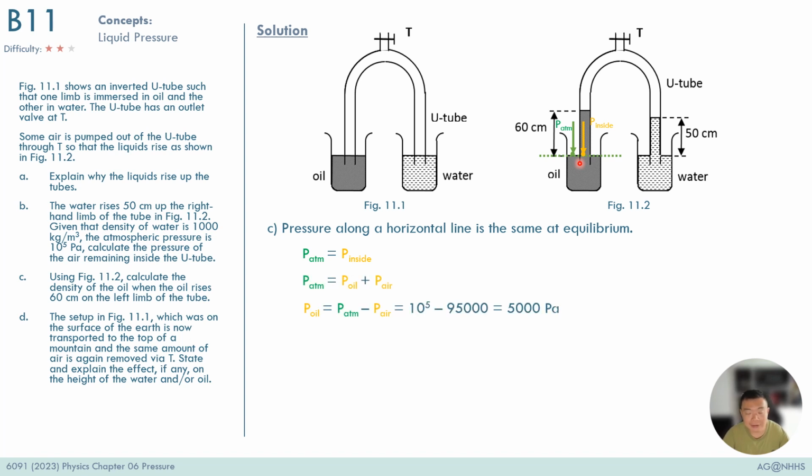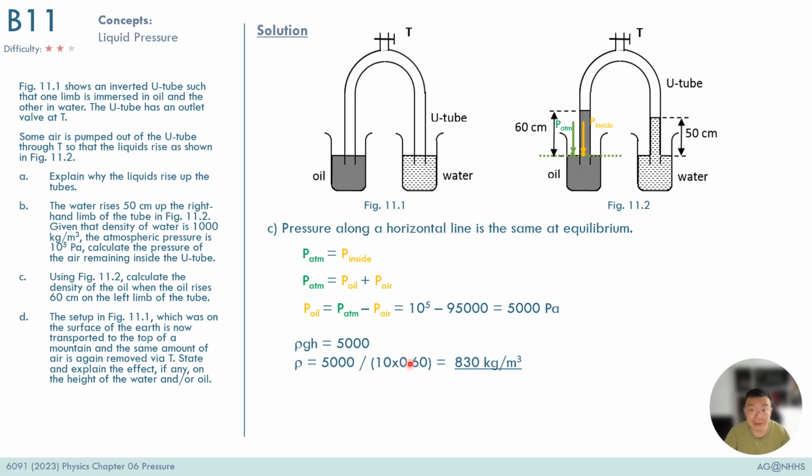So these two pressures are the same. Rearranging the equation, we can find out that the pressure of the oil is 5,000 Pascal. Now, the oil is a liquid, therefore I will just use rho g h for liquid pressure and equate it to 5,000 Pascal. We are given the value of the height, which is 60 cm.